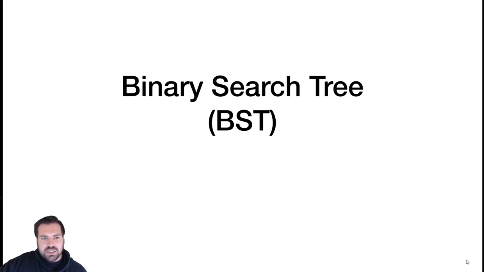Anyway, binary search trees. Let's talk about what these are. We're going to talk about this as an application of trees. We have this idea of a data structure, a node-based data structure that has references to two child nodes, and we saw some of the applications of this structure in expression trees. Now let's talk about binary search trees, which is a fundamental data structure in computer science.